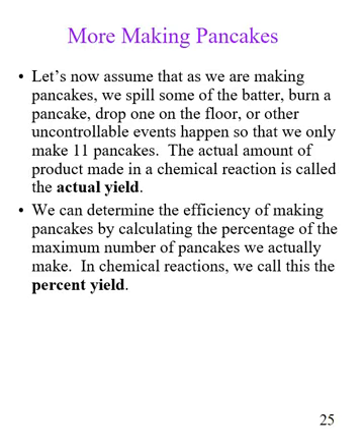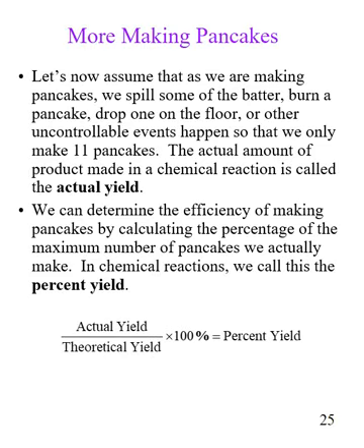Okay, so that's a little bit wordy. This is the equation that we need to use. So in this problem for pancakes, let's figure out our percent yield. Let's see how good we are as chemists or as a baker. So our actual yield is what we actually make. If you physically make pancakes, you saw that you can only make 11 pancakes.